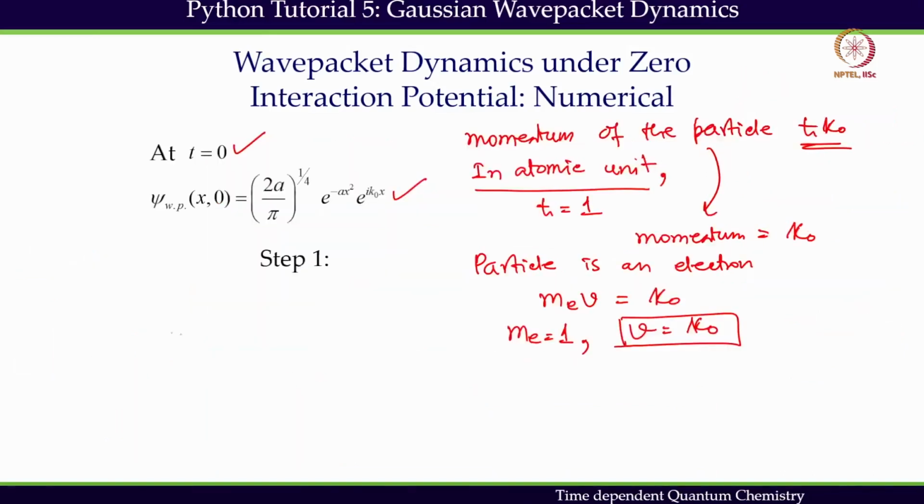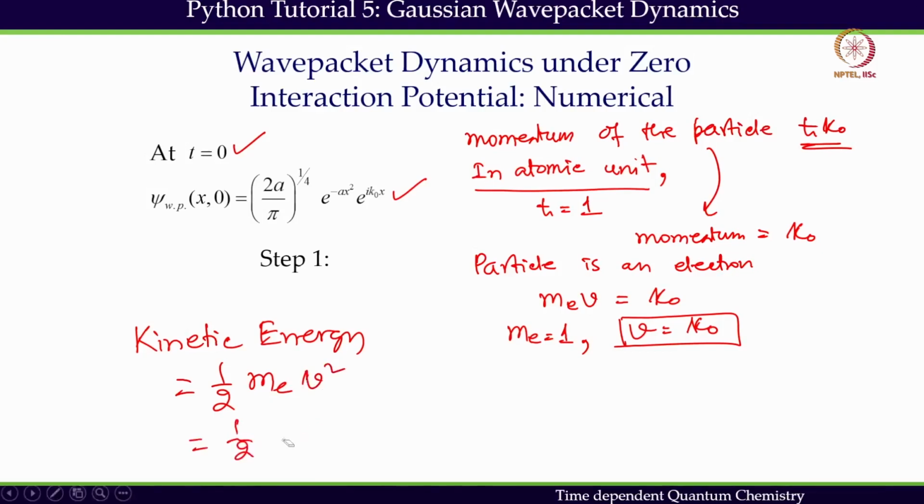Based on this representation, if I think about the kinetic energy of the particle, it is going to be half me v square. We are considering electron as a particle, so half me is 1 and v equals k naught, which gives k naught square.